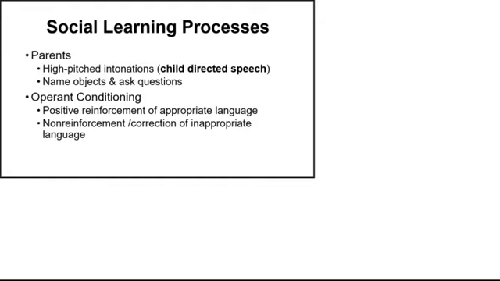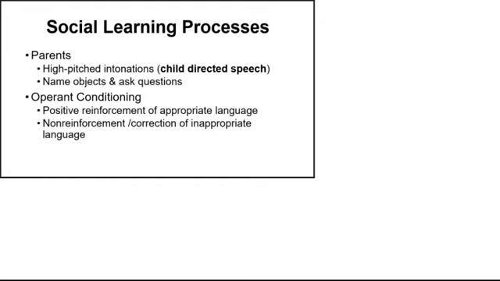And so the idea here, again, makes logical sense. We get positive reinforcement of appropriate language. If a kid picks up a bear and says bear, their parents are going to praise them. Yes, you've got it right. If they pick up their stuffed bear and say mouse, then the parents are probably going to correct them or maybe ignore them because it's not correct.